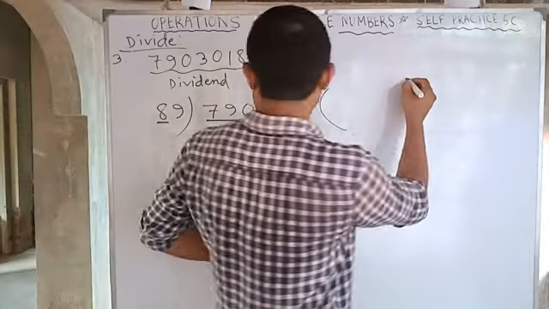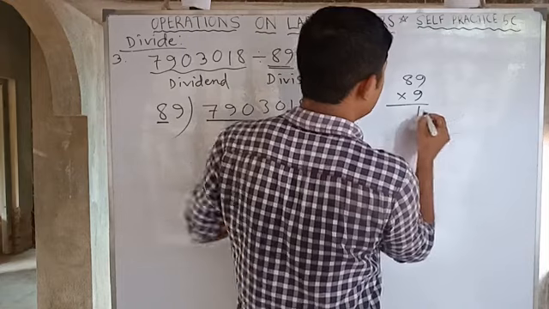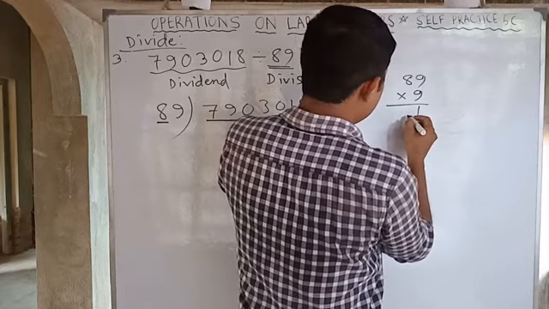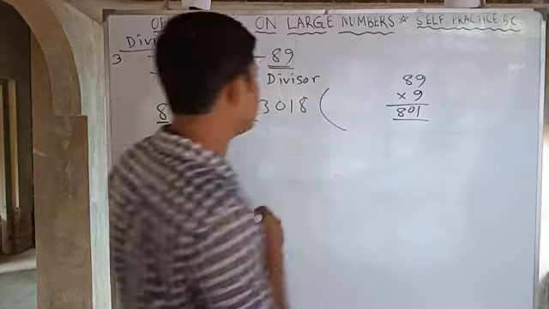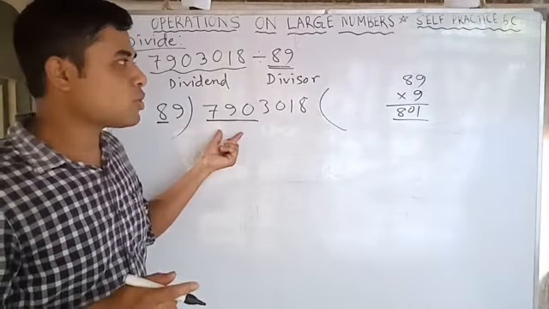Let's see. 89 and 9: 9 9s are 81, 1, 72, 72 and 8, 80. Look, 801. No, it is more than this number. So what will we take?